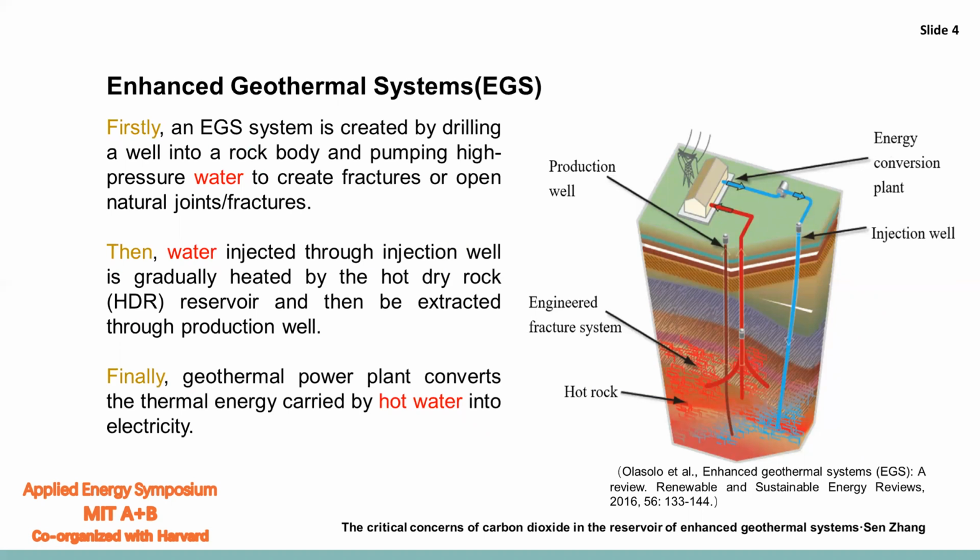An EGS system is created by drilling a well into a hot dry rock body, and then you pump high pressure water to create fractures or reopen the lateral fractures in the hot dry rock reservoir. The water you pump from the injection well into the reservoir is going to be heated up by the hot dry rock.